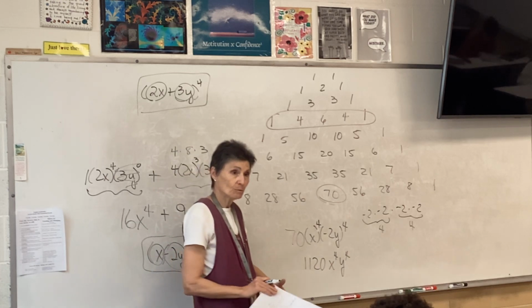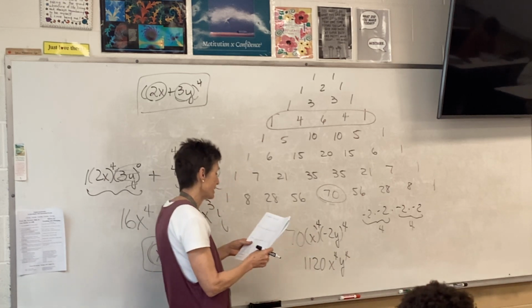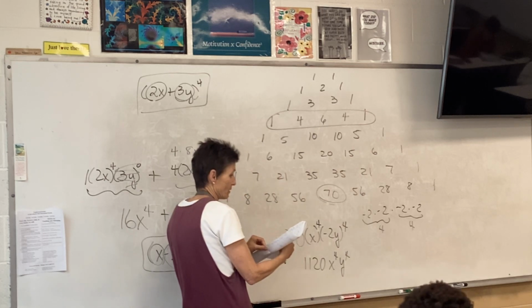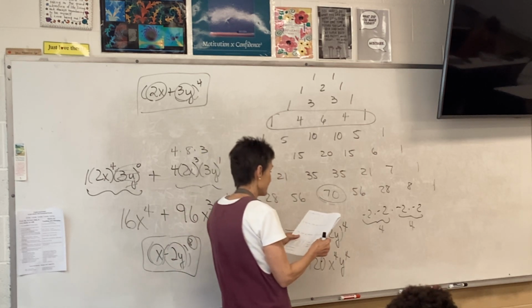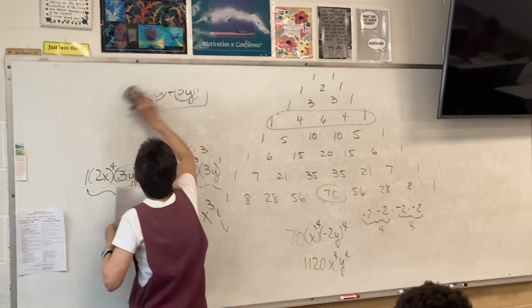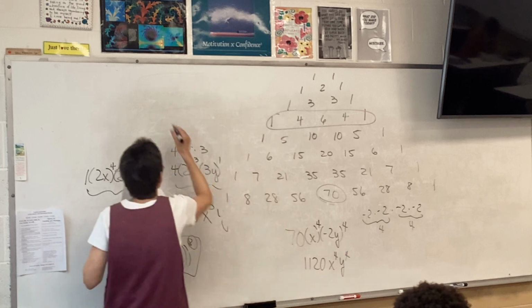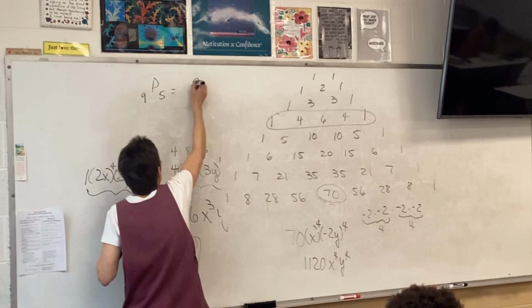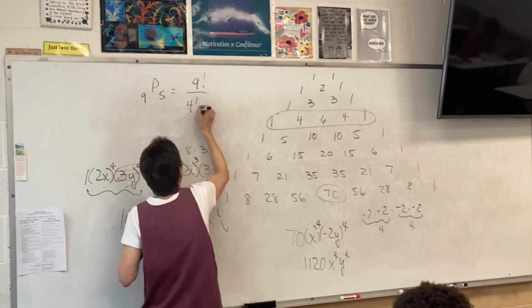Pay close attention, we are taking your test right now. All right, how would you calculate 9P5? 9 factorial over 4 factorial, and 5 factorial.